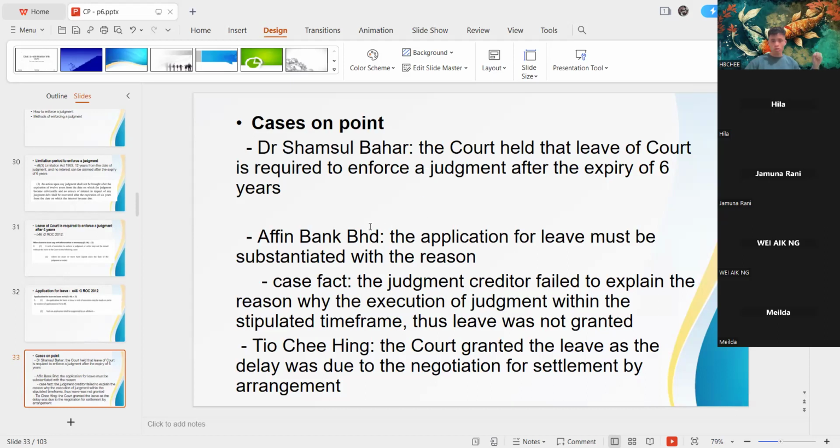And also in the case of Affin Bank, the application for leave must be substantiated with reason.